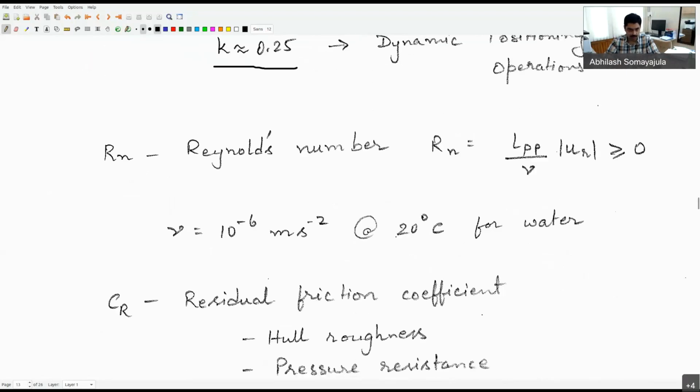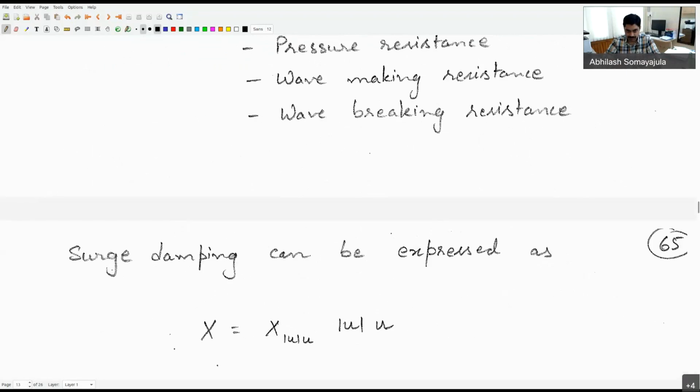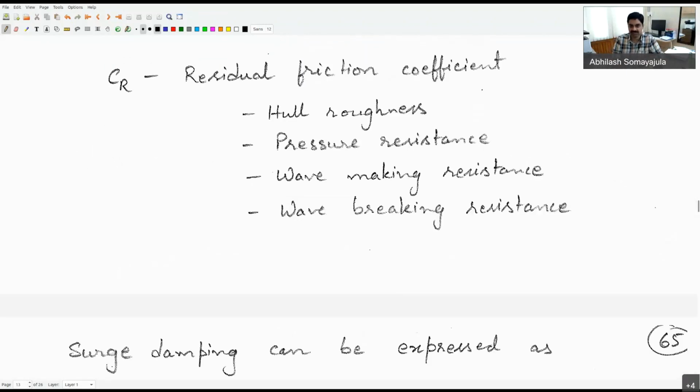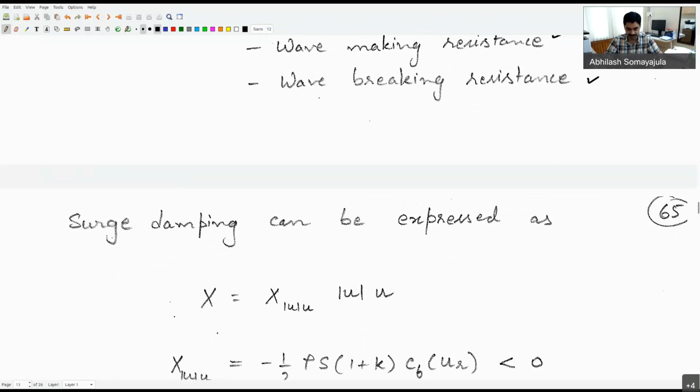Okay, all right. Now, as I said, the residual friction consists of pressure resistance, wave making resistance, also the hull roughness, and wave breaking resistance is also generally included in this so-called residual friction coefficient.